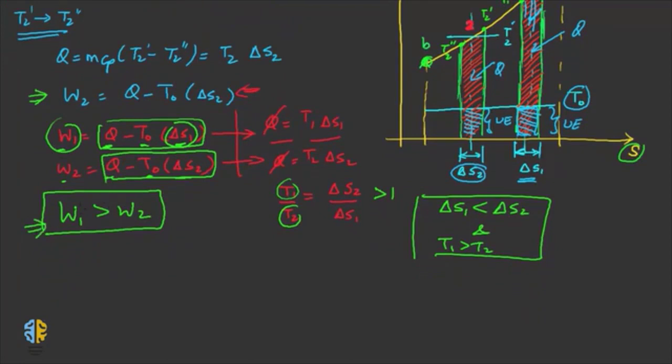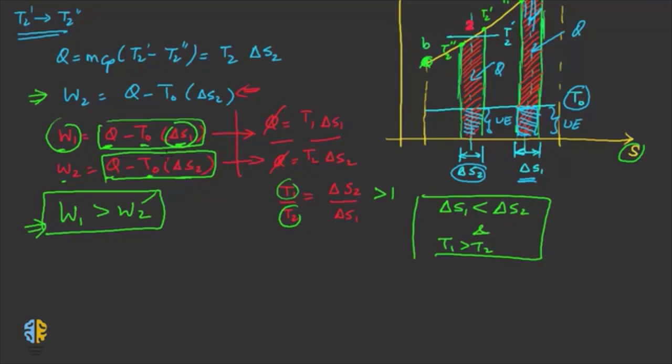This means that W1 was the amount of available energy loss at a higher temperature and W2 is the available energy loss at a lower temperature. So this means that when you lose heat at a higher temperature, you lose more available energy as compared to losing heat at a lower temperature.